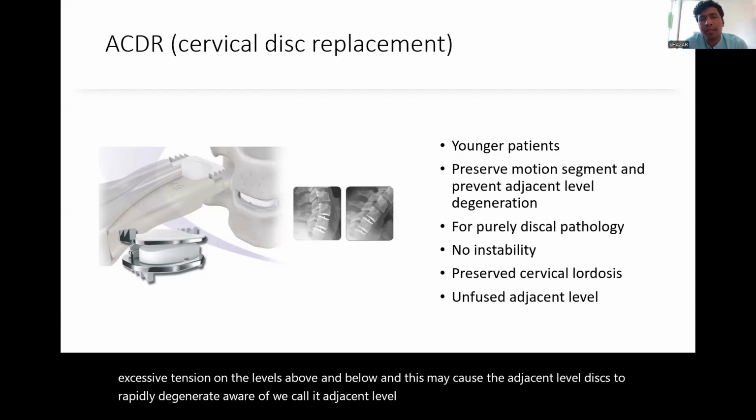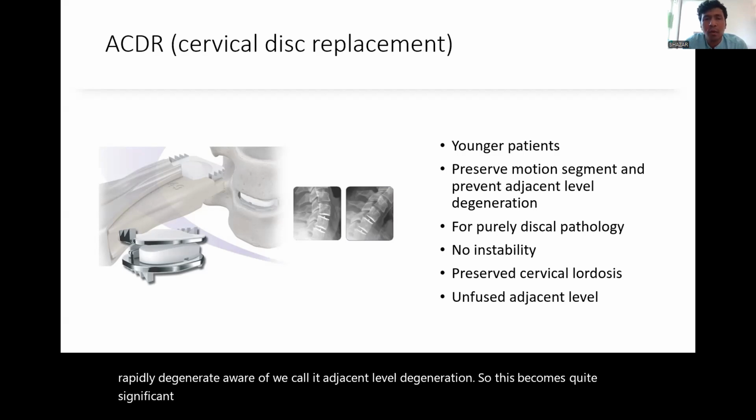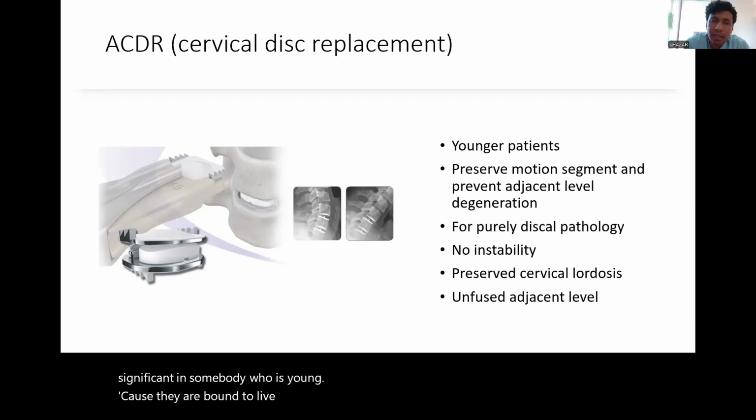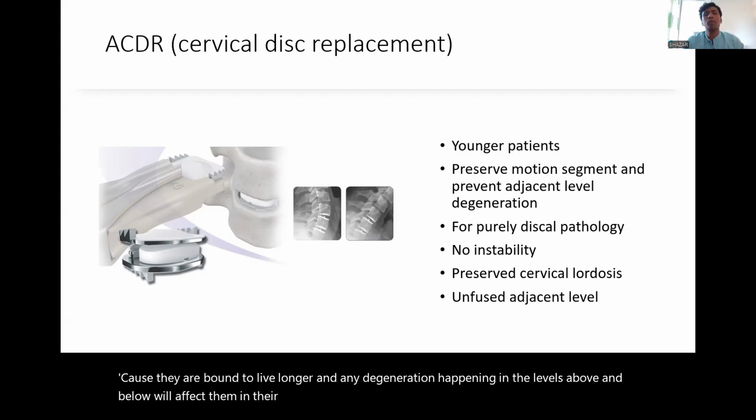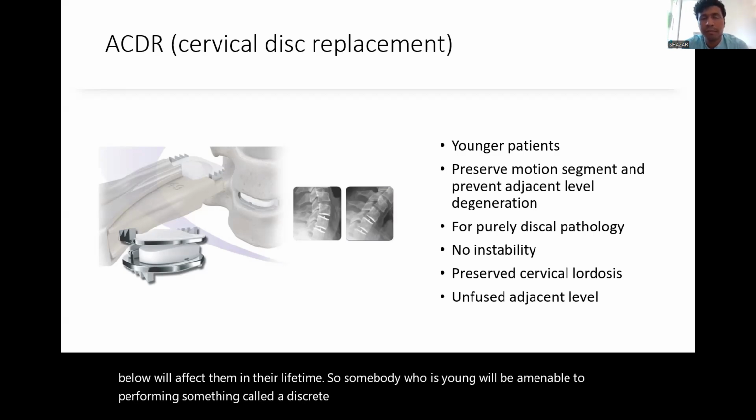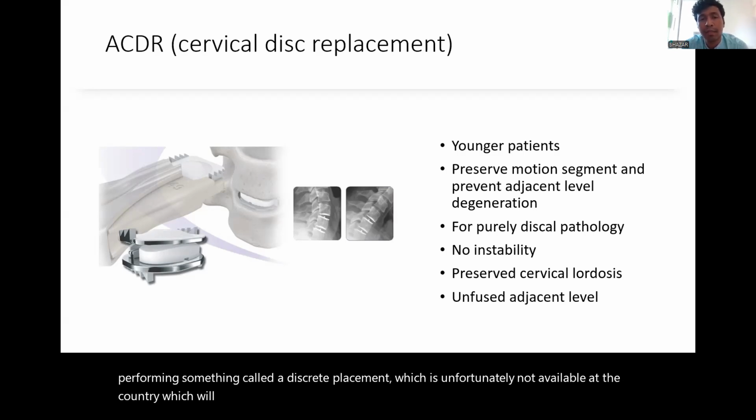So this becomes quite significant in somebody who's young, because they are bound to live longer, and any degeneration happening in the levels above and below will affect them in their lifetime. So somebody who is young will be amenable to something called a disc replacement, which is unfortunately not available in this country, which will help that segment to preserve its motion.